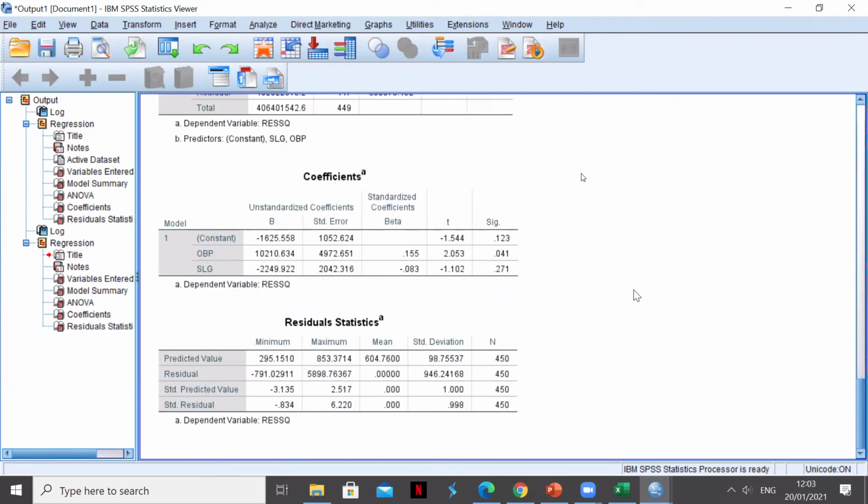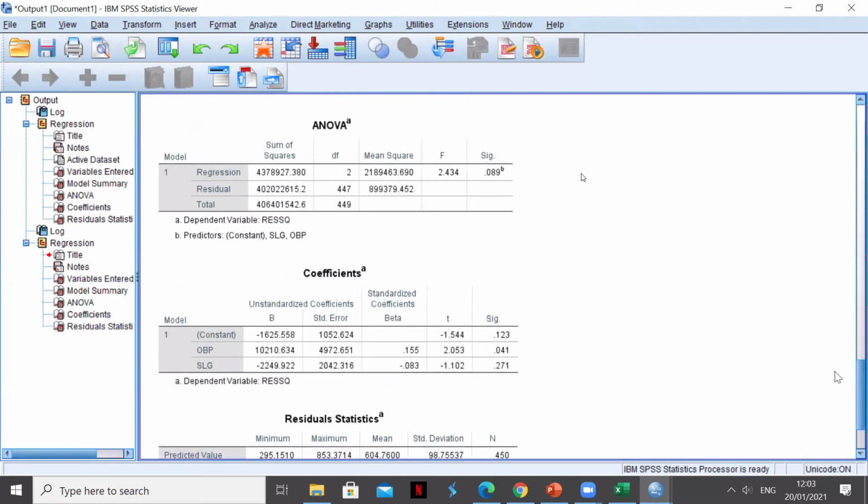And what are we going to do? We are going to do an f-test, because we want to see if any of these variables is non-zero. So we do an f-test, and our f-statistic is 2.434, and our significance is 0.089.